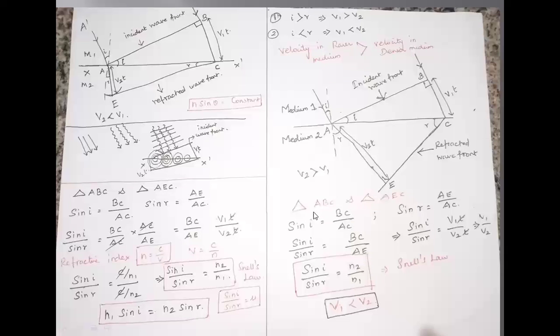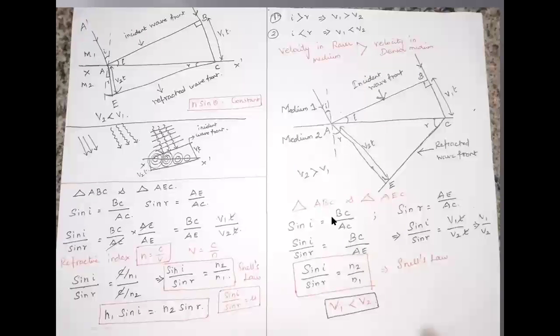So here, triangle ABC. What is ABC? A, B, and C. These two triangles, ABC and AEC, are considered over here. If you consider the sine of angle I, it is opposite by hypotenuse.